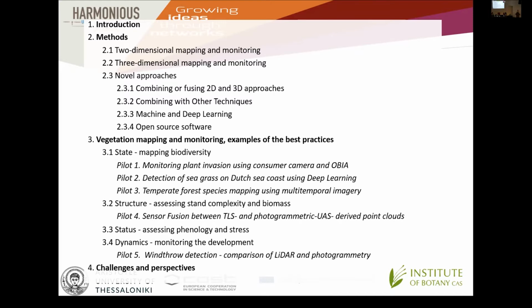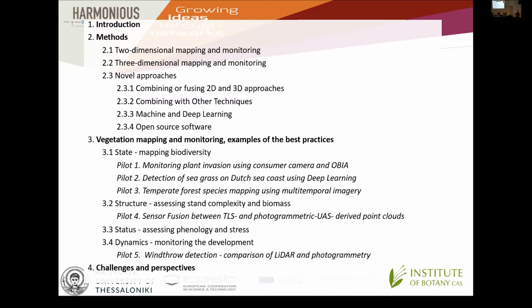In our chapter, we decided, because UAVs or UAS are a very dynamic tool, they develop very fast, sensors are developing, there are different new sensors every day, so we thought the book would be good to serve as a practical book for those that want to do some kind of UAS assessment.